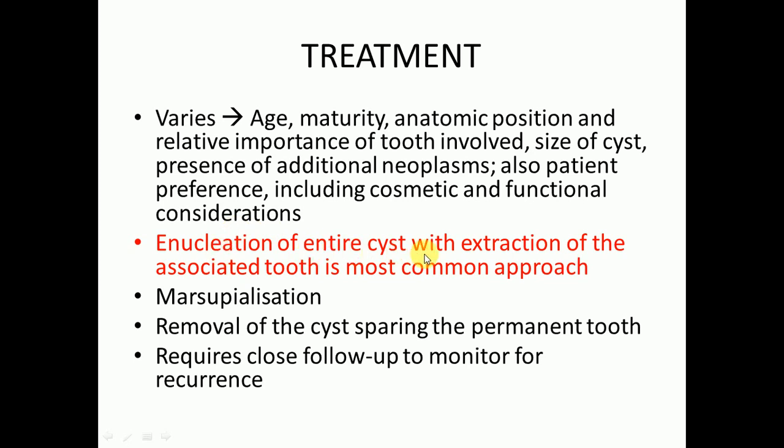Enucleation of the entire cyst with extraction of the associated tooth is the most common and preferred approach. If we do marsupialization, that is the removal of the cyst sparing the permanent tooth, then there are recurrence chances, and we do enucleation of the entire cyst with extraction of the tooth. Also, marsupialization will require follow-up to monitor recurrence.